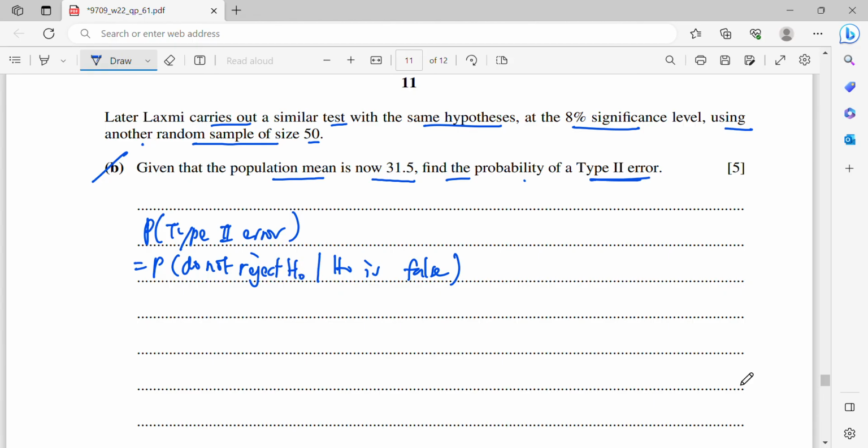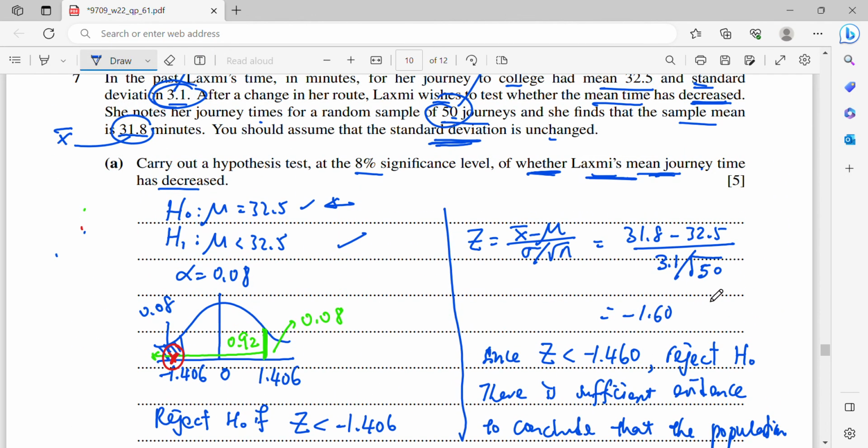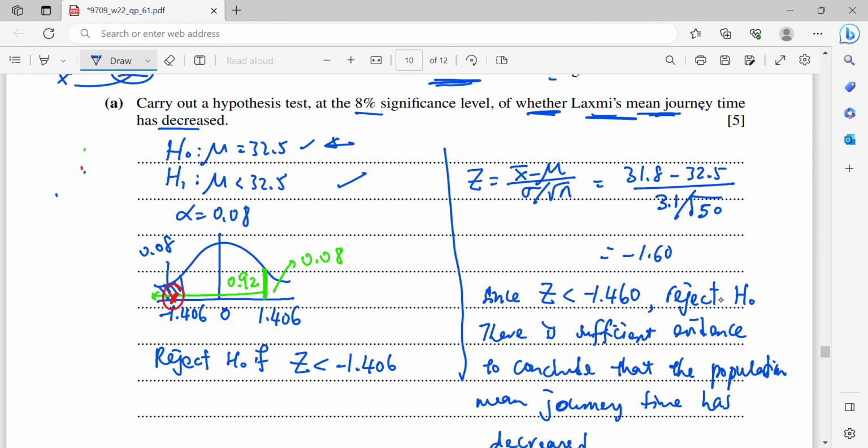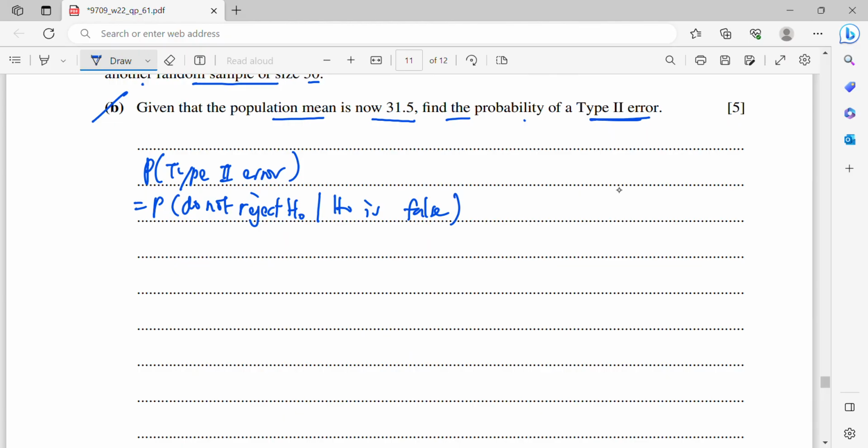So now we have to refer back from the previous part. We have stated here, reject H0 if the Z is less than negative 1.406. Alright, so I will write from part A, reject H0 if the Z is less than negative 1.406.